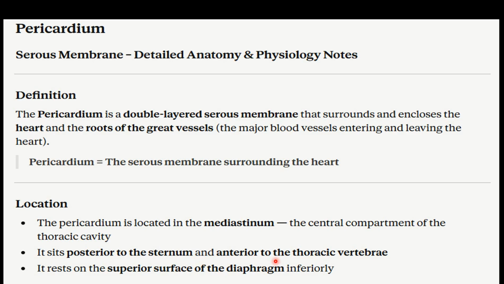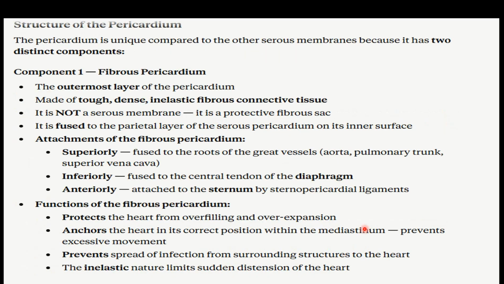That's why I was saying that if you know the things we have already covered, like this terminology, you can easily understand what we are saying here. The next point says it rests on the superior surface of the diaphragm inferiorly. That's also related to the location.